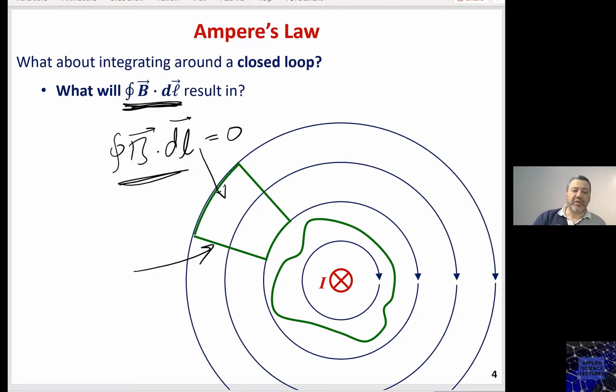If there are no currents, or if the net current inside this closed path is zero, then this integral would be zero. So it's not only the existence of the current. For example, if I have another current that is going in the opposite direction and the same magnitude, I, then the net current enclosed within the surface would be zero.